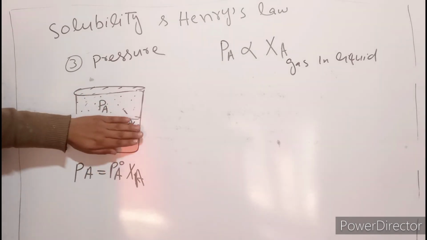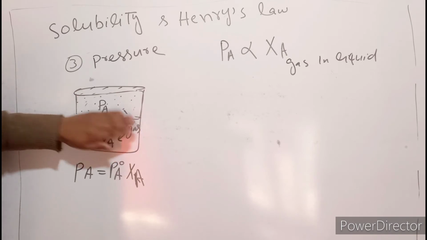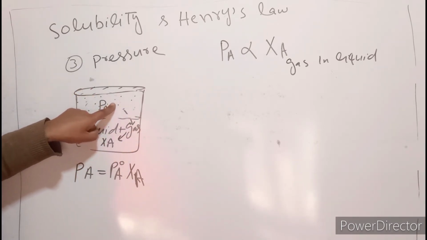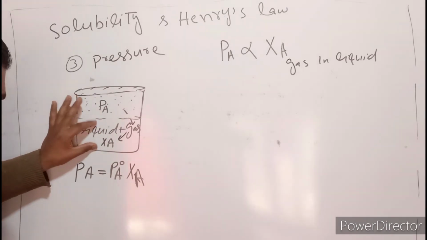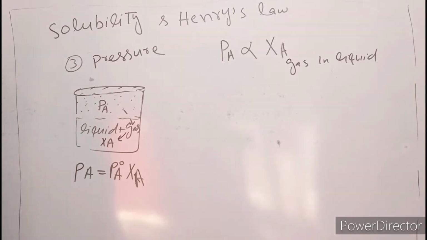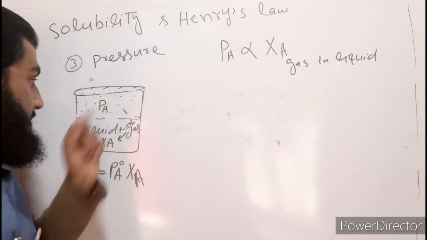So if we have dissolved a large number of moles of this gas in this solution, then there will be more vapors. If the mole fraction of the gas is less here, then there will be a low number of molecules here.